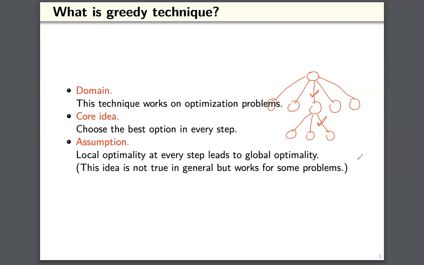So local optimality does not always lead to global optimality. So sometimes, whenever we have multiple choices in front of us, we might choose one step that really hurts us at that point. Why? Because maybe we are thinking about global optimization.